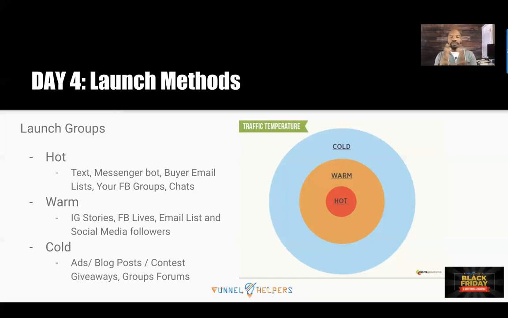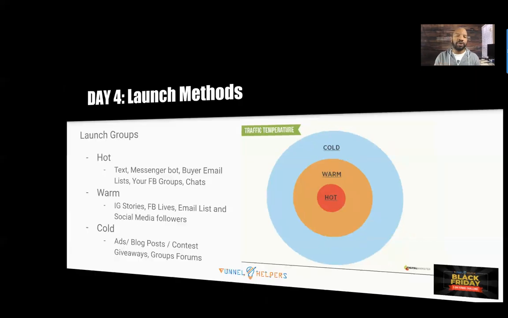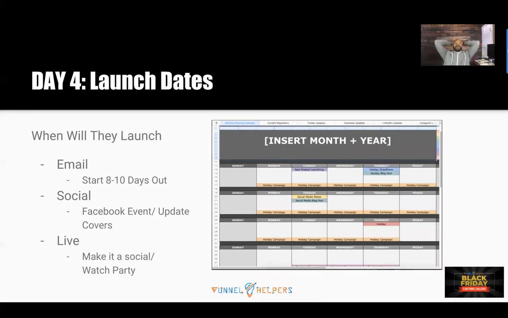So these are the launch methods as you launch to different groups. Now, when will you launch? When should you launch? Your email campaign, really what should happen, and in the action guide, I'll probably have just a box where you'll put the date for when you're going to launch your email campaign.